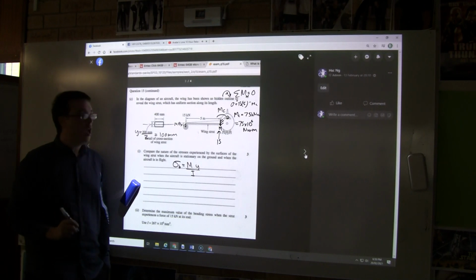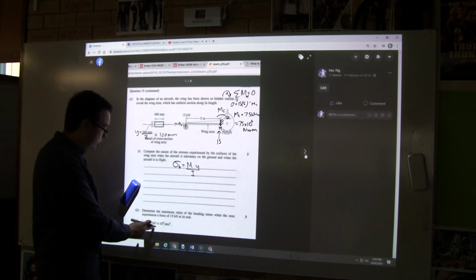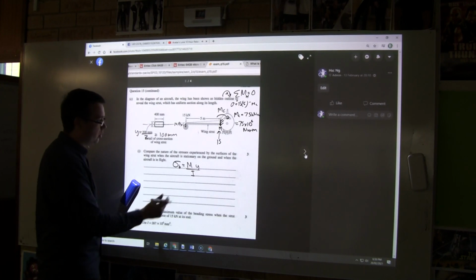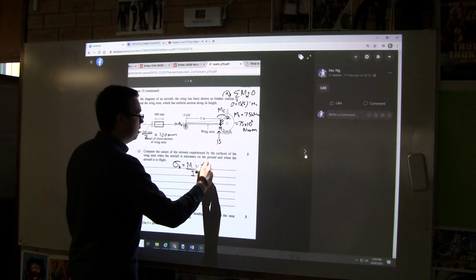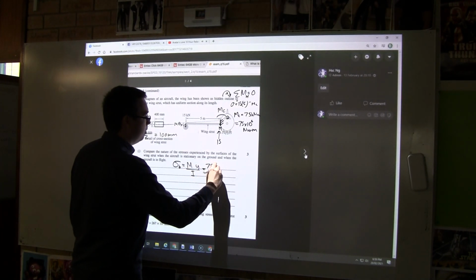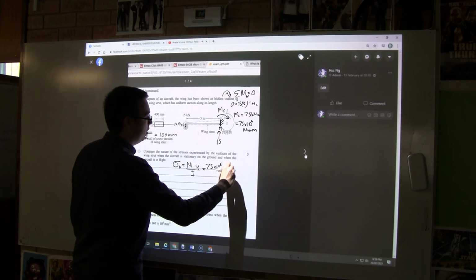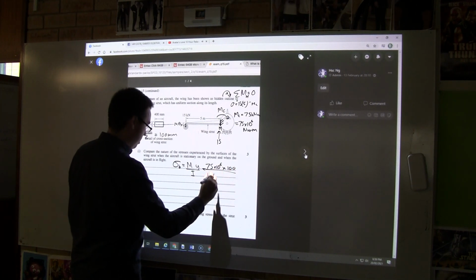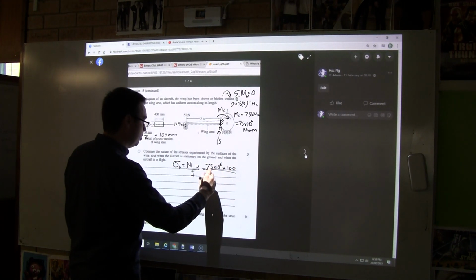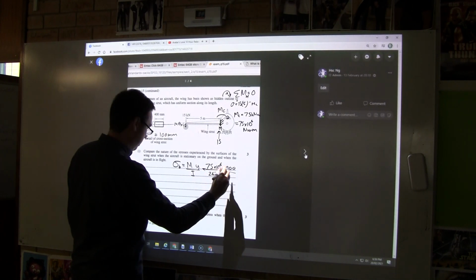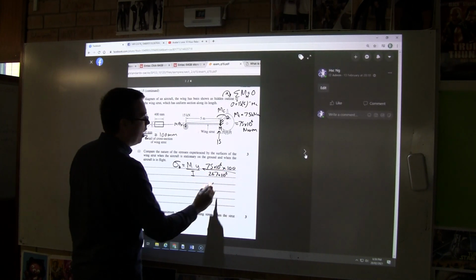Okay, they've given us a value of I, which is 267, so let's write that in here. We've got 75 times 10 to the 6 times 100 millimeters divided by 267 times 10 to the 6.